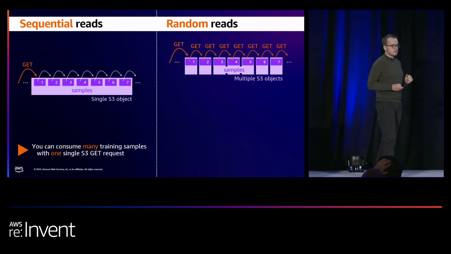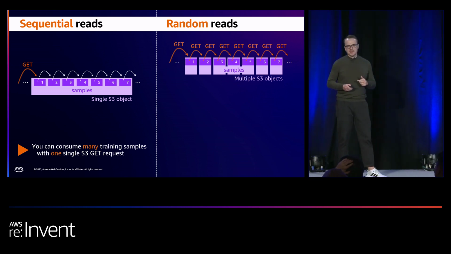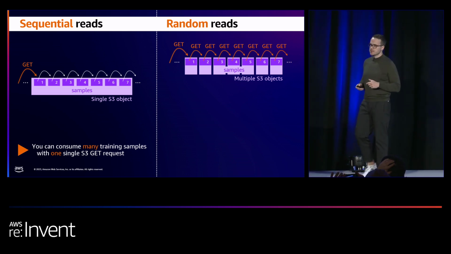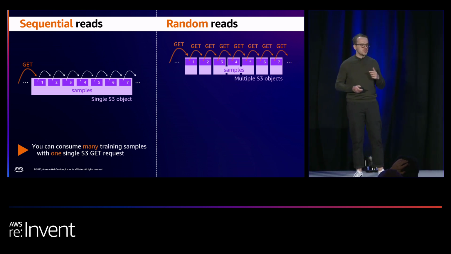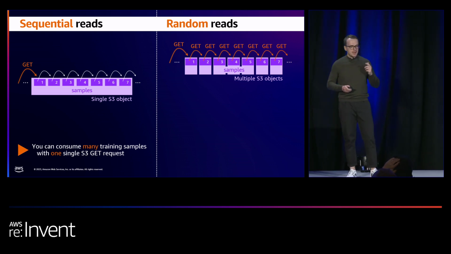We say that we have a random access pattern in our machine learning workload if our data set is comprised of a large number of small files and each file represents just a single training sample. In this case, we end up firing GET requests for every single training sample.